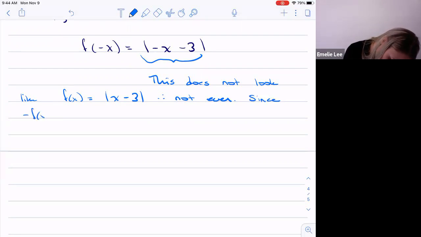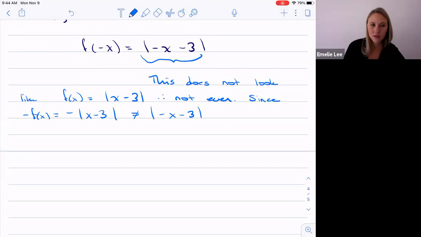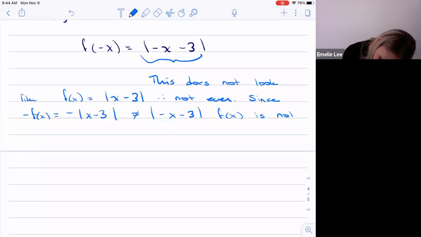Since negative f of x is the negative absolute value of x minus 3, which is not equal to the absolute value of negative x minus 3, f of x is not odd. Therefore, f of x is neither even nor odd.